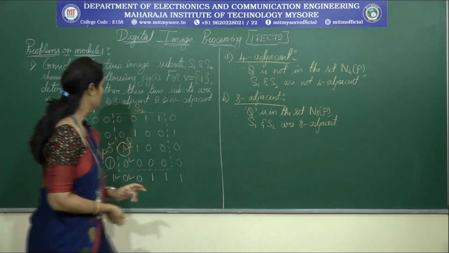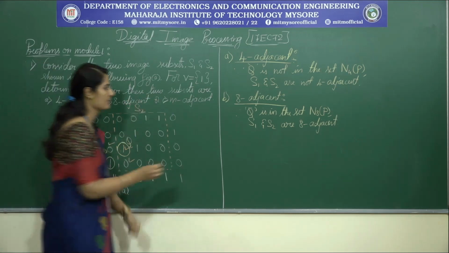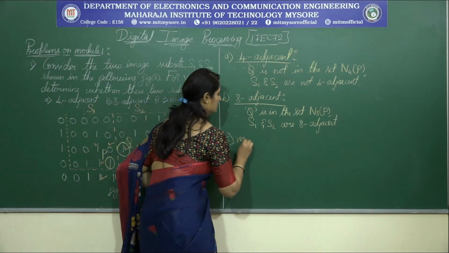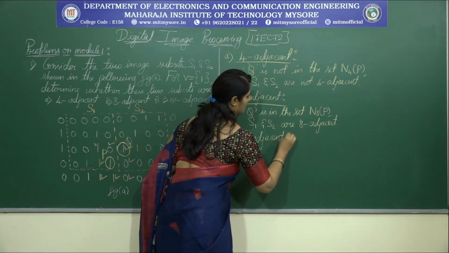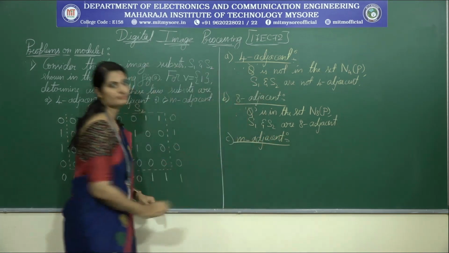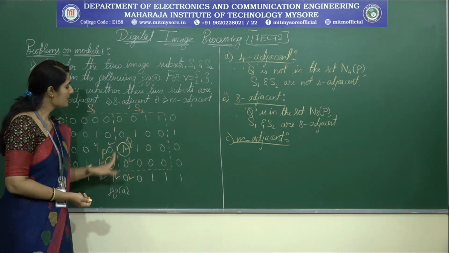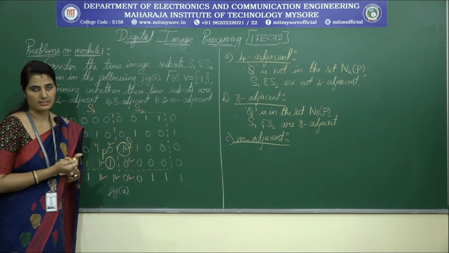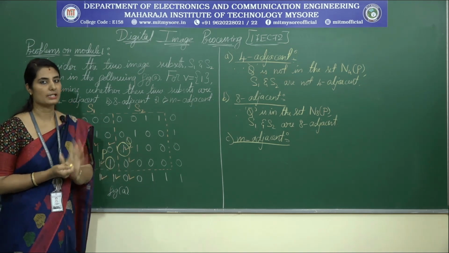Now the next thing is to check for M adjacency. When do you say the two pixels P and Q are M adjacent? It should satisfy two conditions.